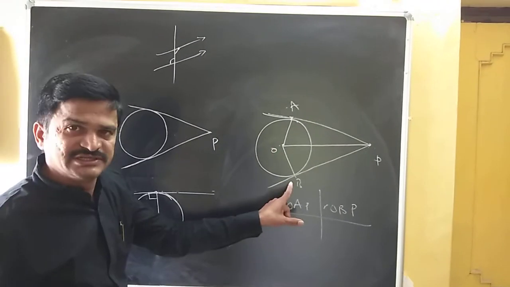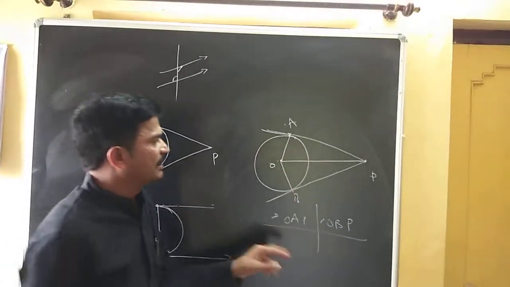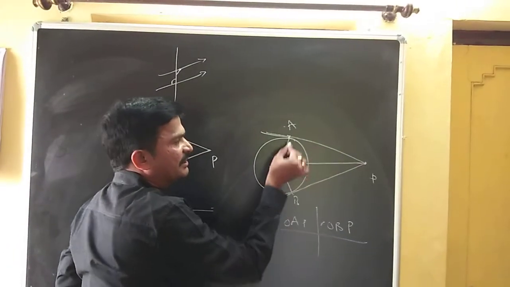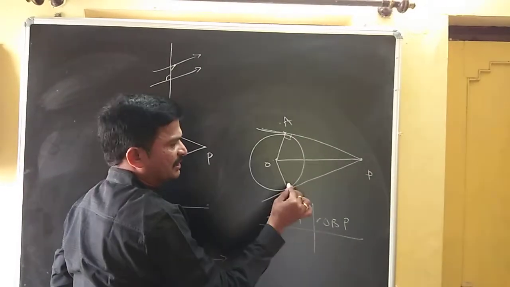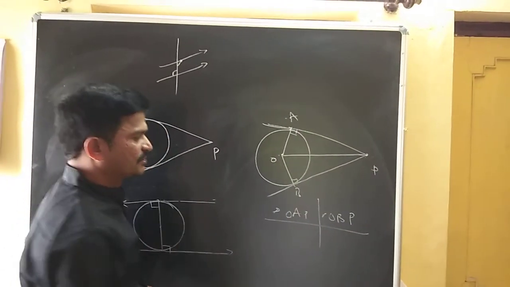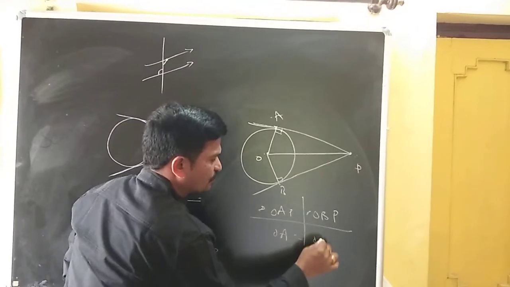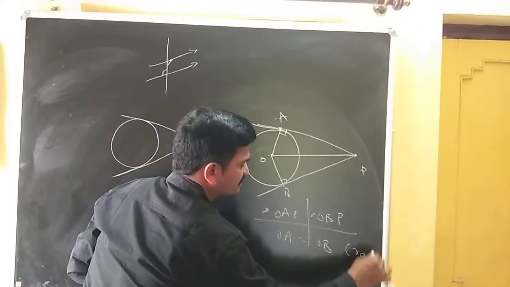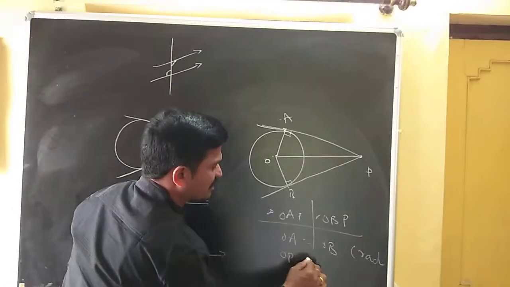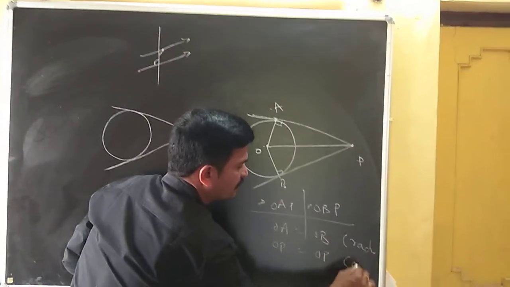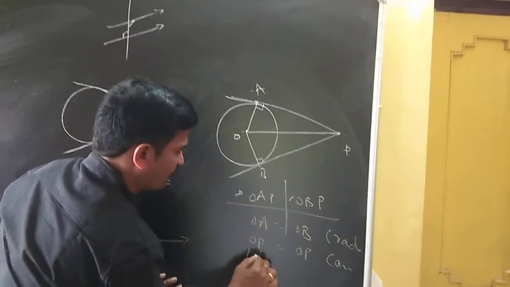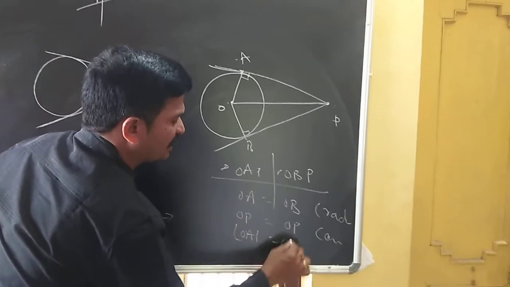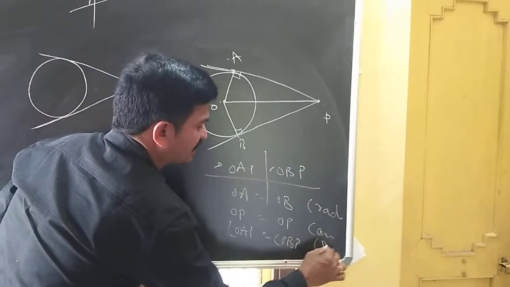In these 2 triangles, what do you observe? OA equals OB, since both are radii, and OP is a common side. And what is the angle here? Right angle, and this is also a right angle. So angle OAP equals angle OBP, it is a right angle.